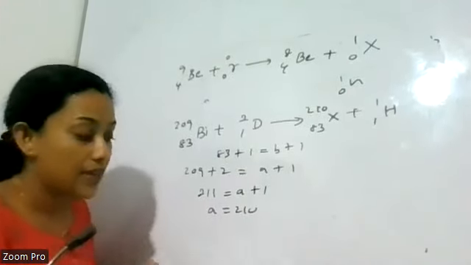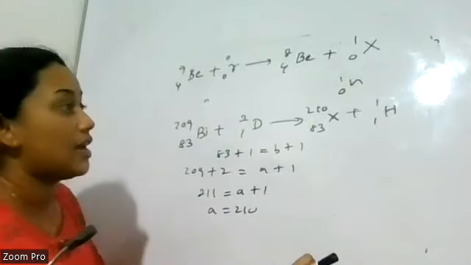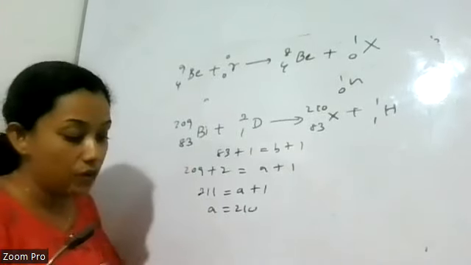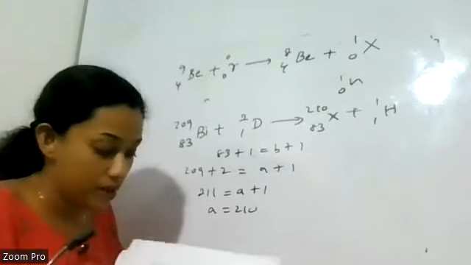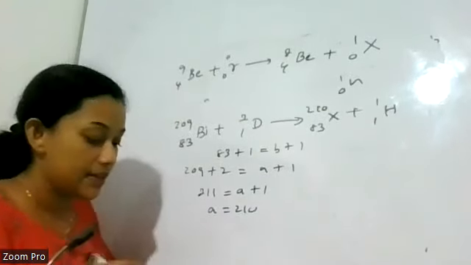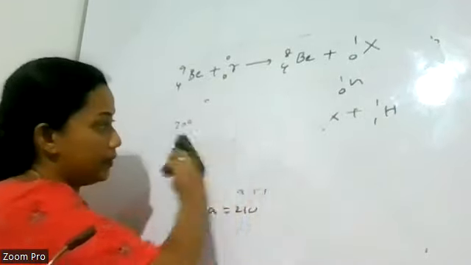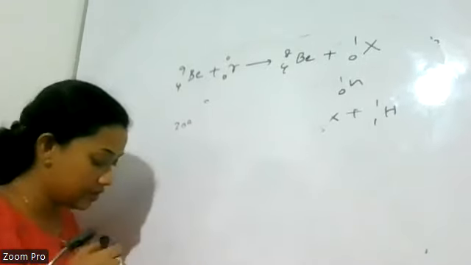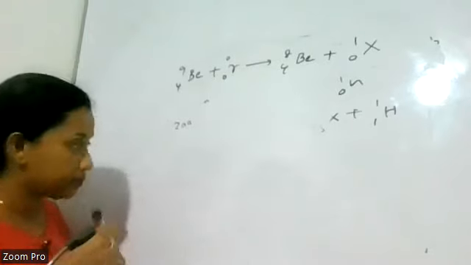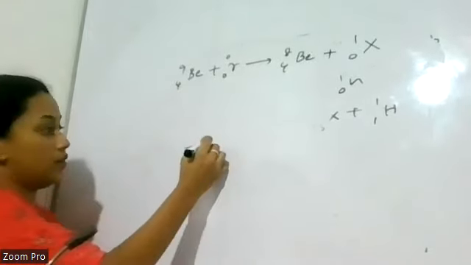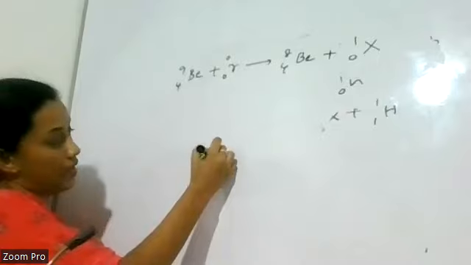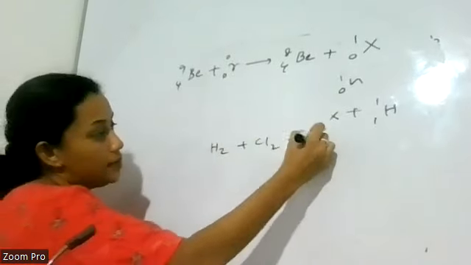Today our topic is balancing redox reactions. Actually, we know about balancing normal reactions like H2 plus Cl2 becomes HCl.